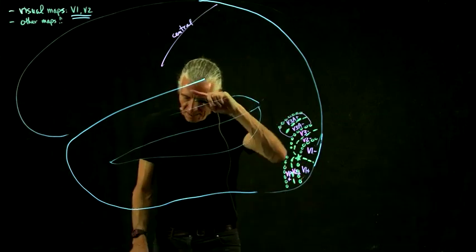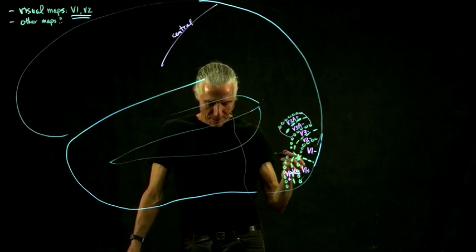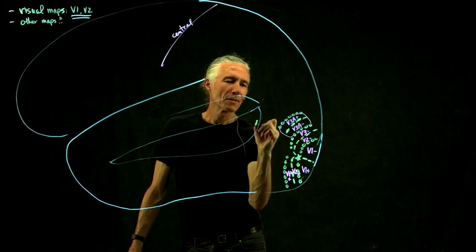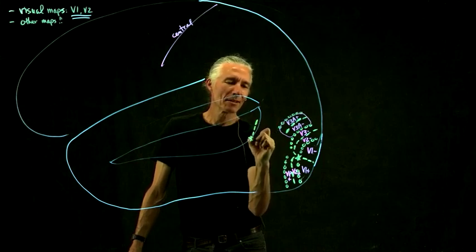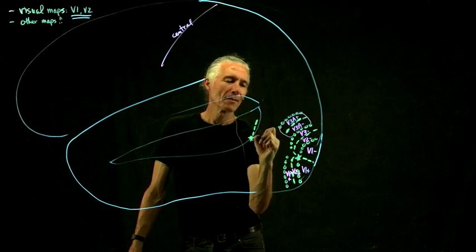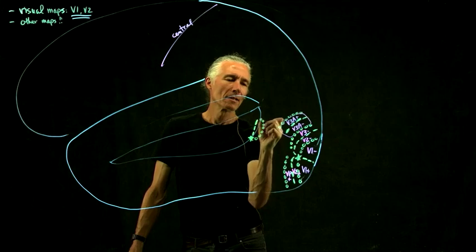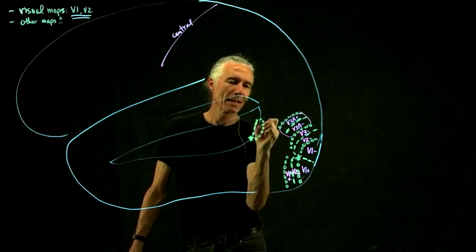What's the orientation of MT? The horizontal line is kind of vertical, and there's the center of gaze. It's got a lower field part that's behind and an upper field part that's in front.